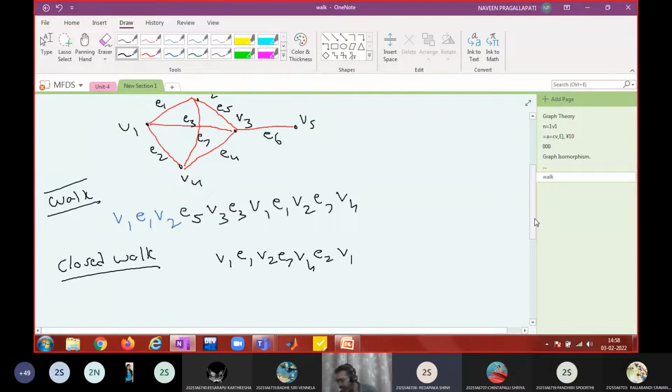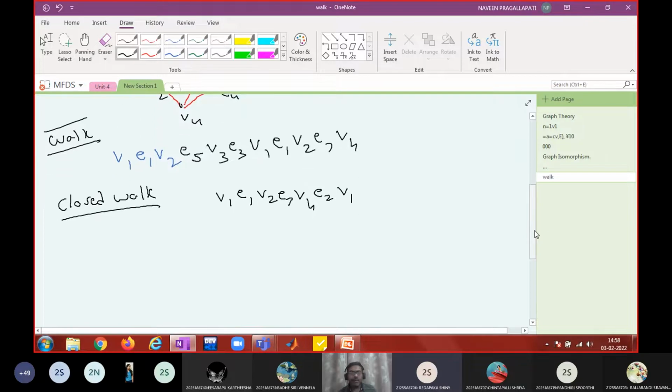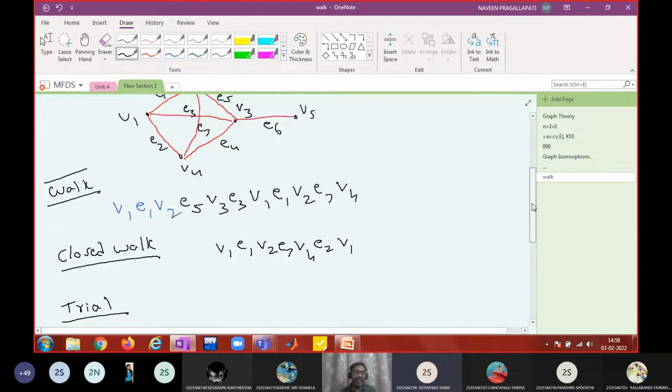Then what is a trail? A trail is a walk in which all the edges are distinct.